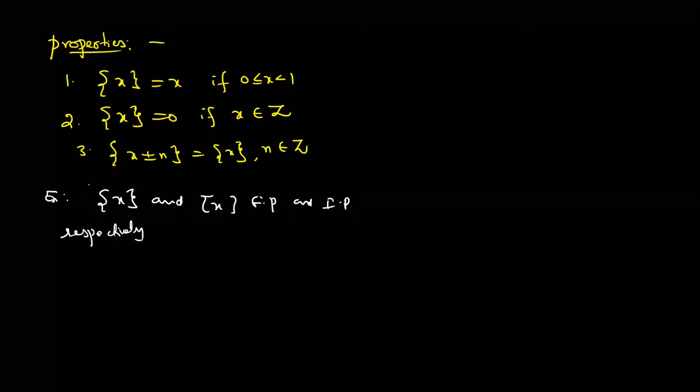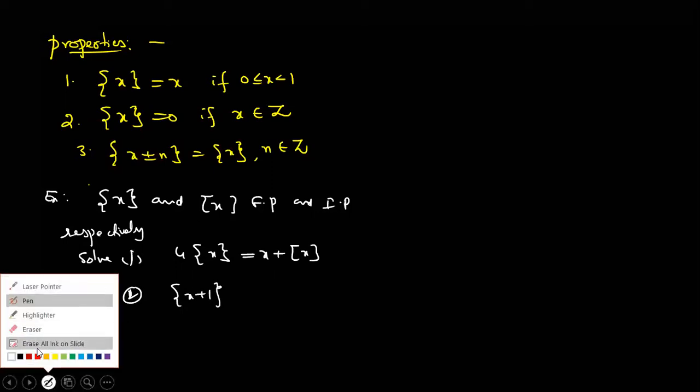One is the fraction part, the other is the integral part, respectively. Now solve question number 1, like that. Question number 2, fraction part of x plus 1. Okay, not required, leave it, no problem.